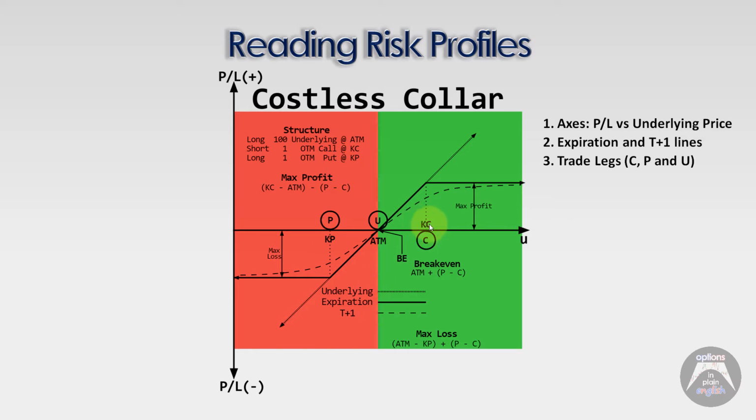Later on, we're going to see that these are strikes, but the elements that make up the strategy are going to be either on top or on the bottom, so above or below the actual underlying price line. Anything that's above means that that element is being bought, and anything that's below means that that element is being sold or sold short.